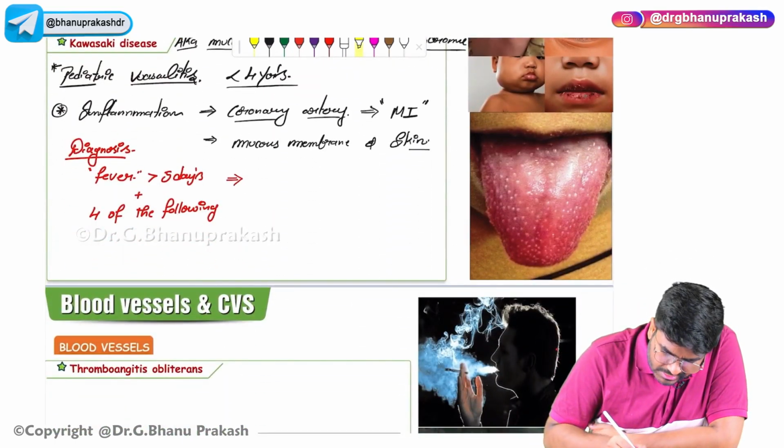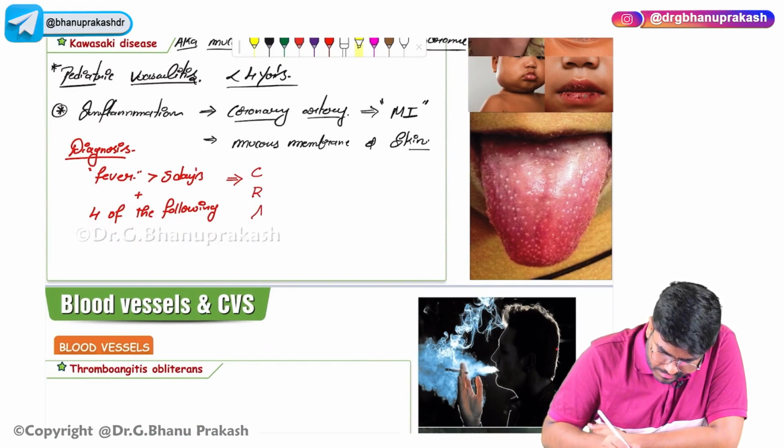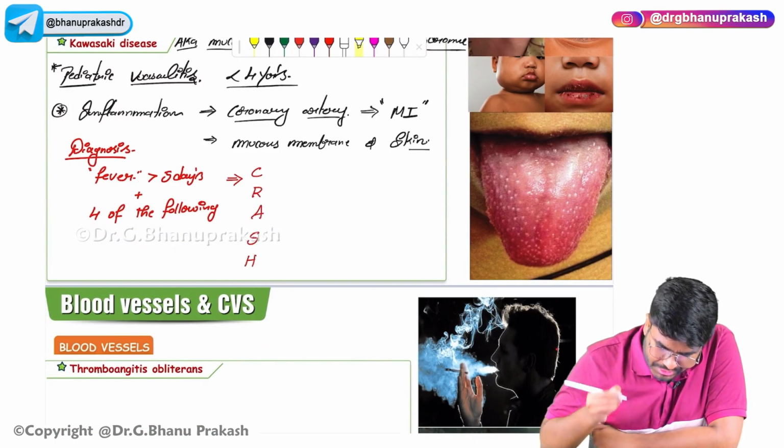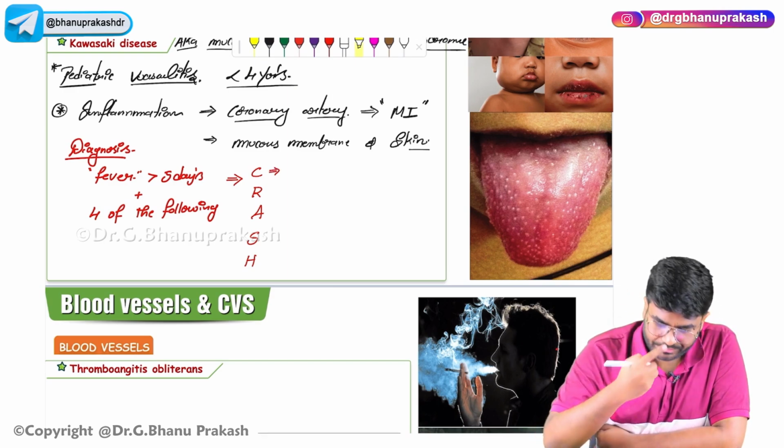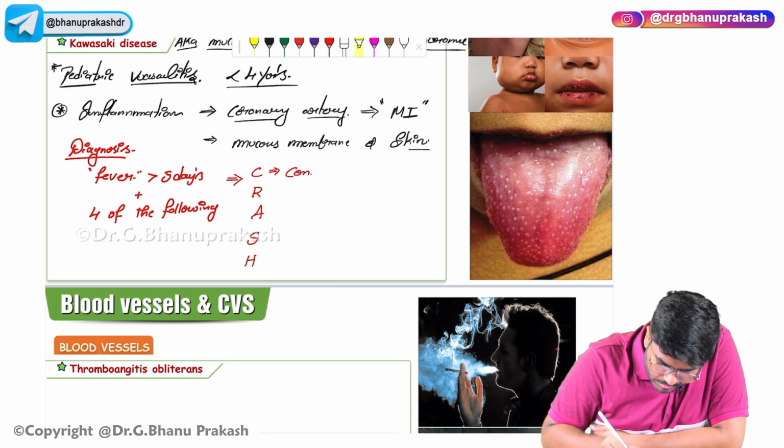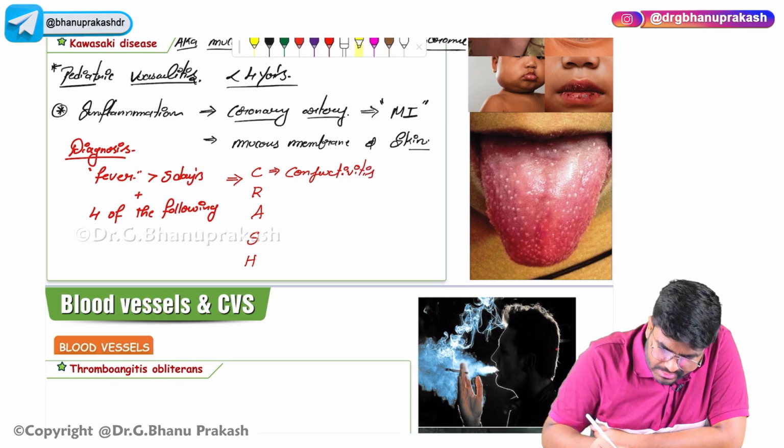These are the clinical features: C, R, A, S, H. So, C stands for what? The baby will develop conjunctivitis, a mucous membrane involvement. Conjunctivitis that's going to be bilateral, non-suppurative.